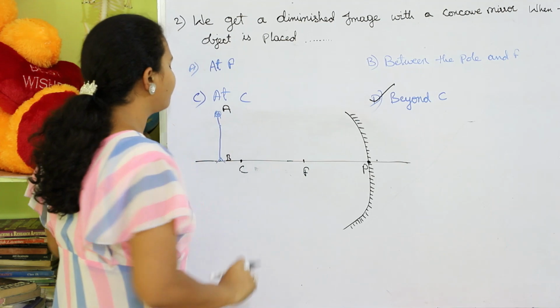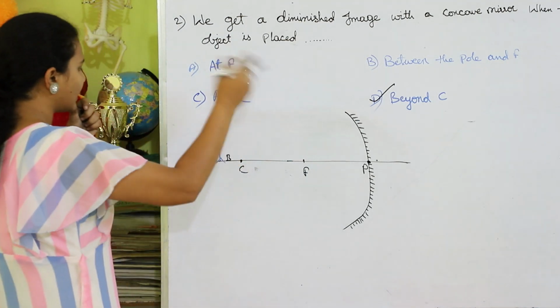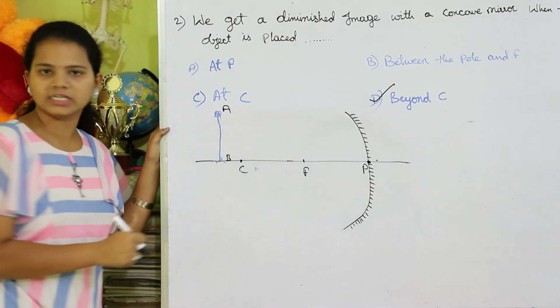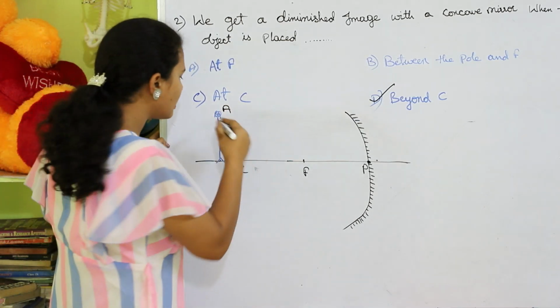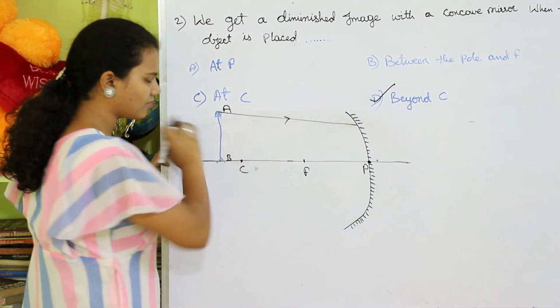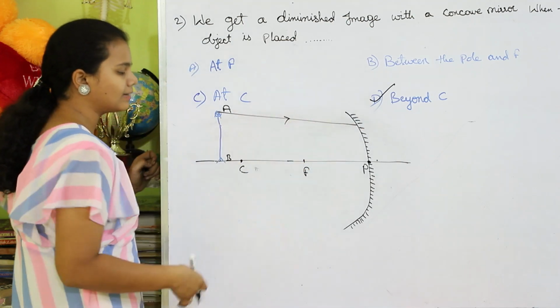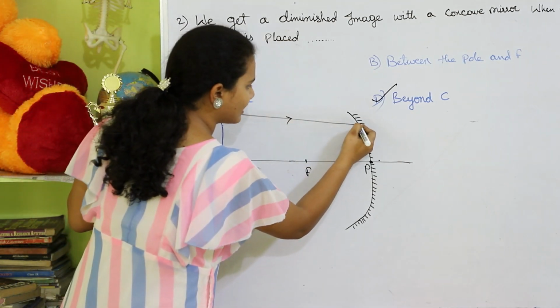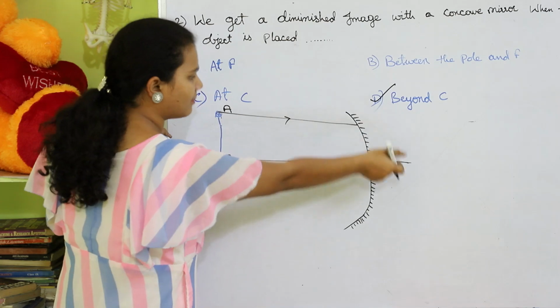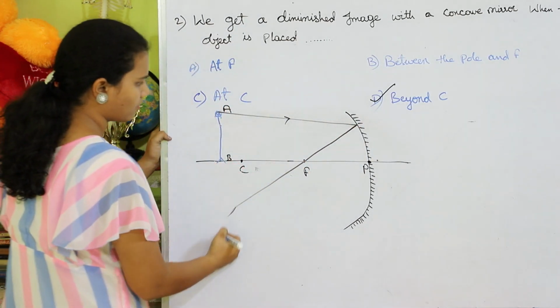Now let's draw the image for this, where the image will be formed. The first ray goes parallel to the principal axis and comes out. It gets reflected on the concave mirror and passes through the focus.